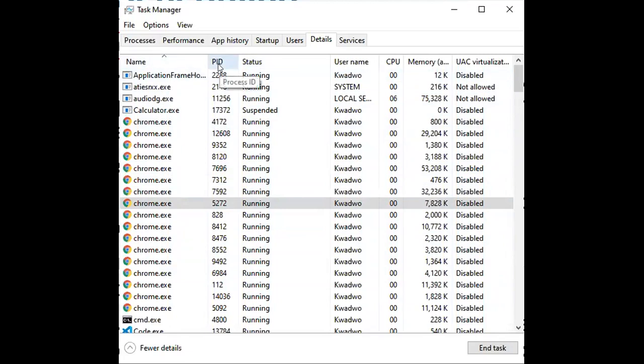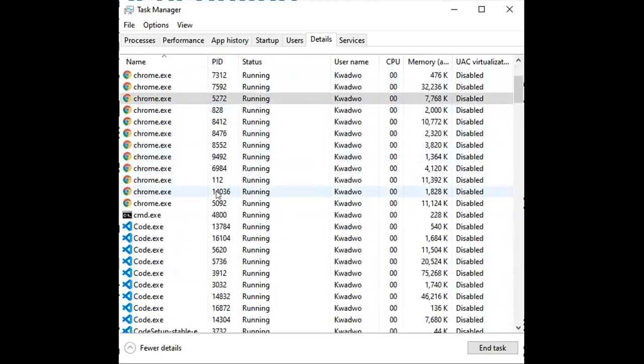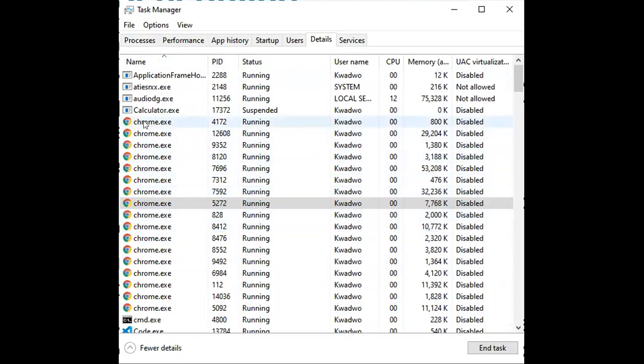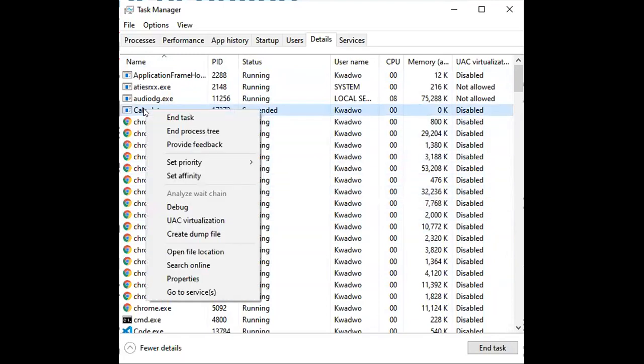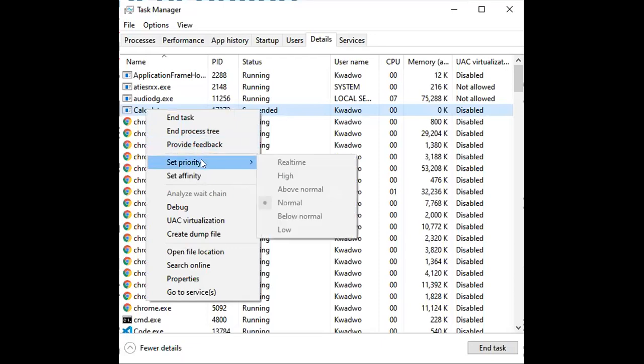Remember last week when we were forking some of the processes in the Unix environment, we were talking about their process ID. So each process has a process ID. Now, when I right click on any of these processes, in the menu that comes up, there is one that I can use to set the priority. Okay, so these are the priorities.